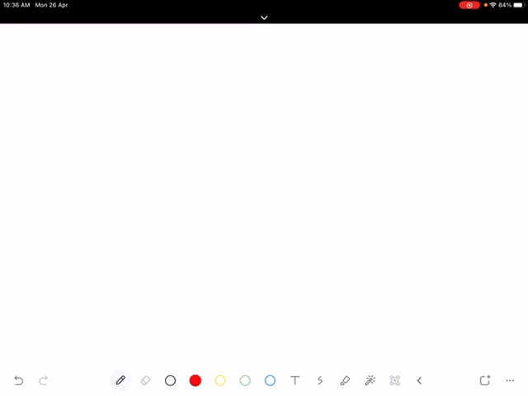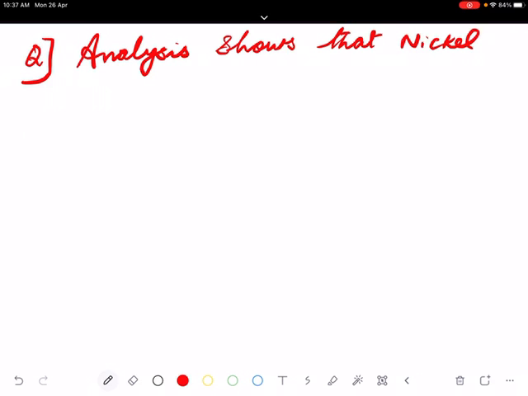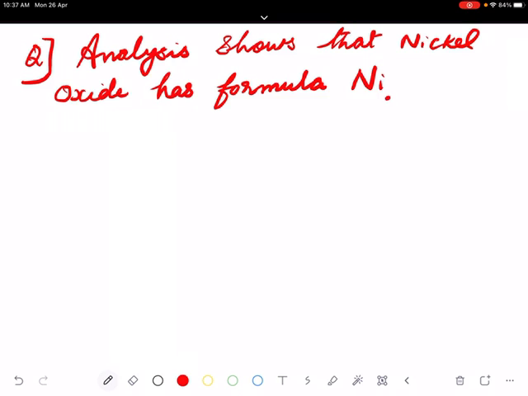Question. Analysis shows that nickel oxide has formula Ni0.98 O1.00.